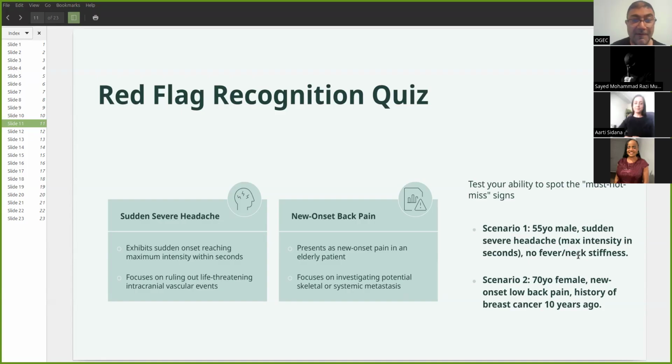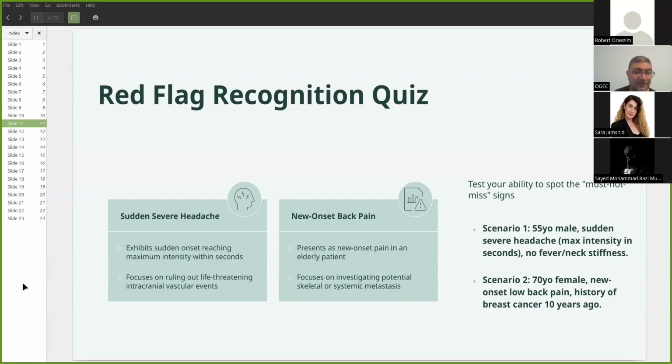What do you think? What differential diagnosis should be in our mind when we see this kind of scenario? What are the red flags? Can anyone identify the red flags in the first scenario?